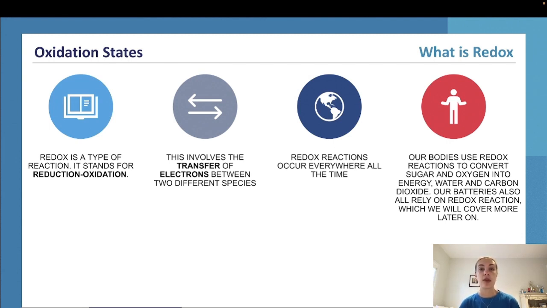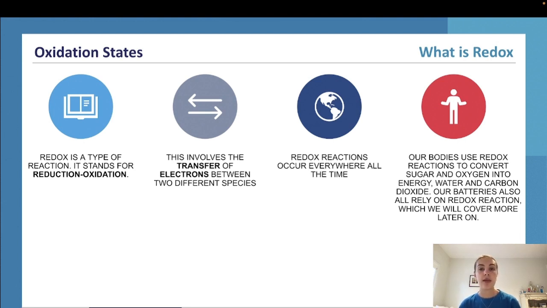These redox reactions are very important. They're some of the most important reactions we have, and they're occurring everywhere all the time, consistently in your body. For example, our bodies use redox reactions in cellular respiration, converting sugar and oxygen into energy, water, and carbon dioxide.